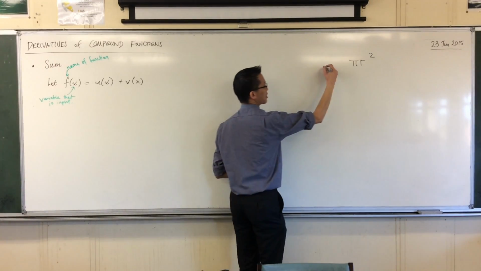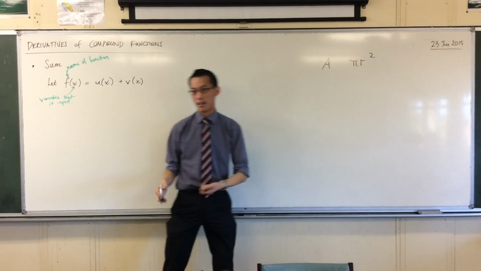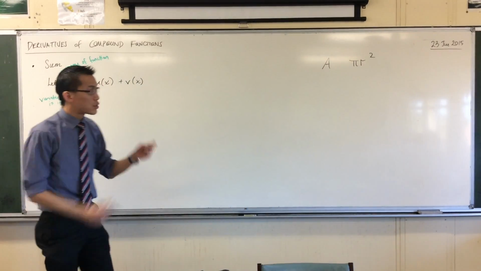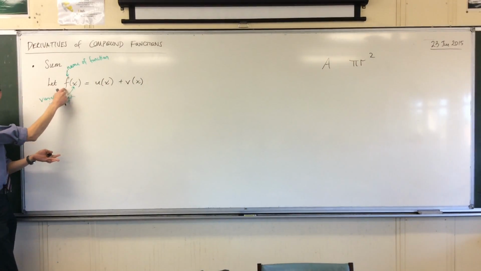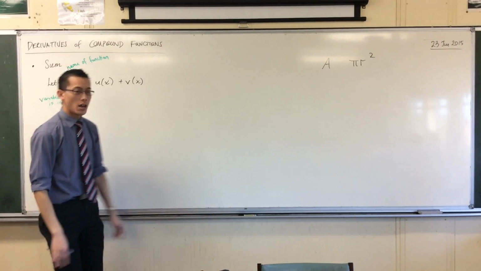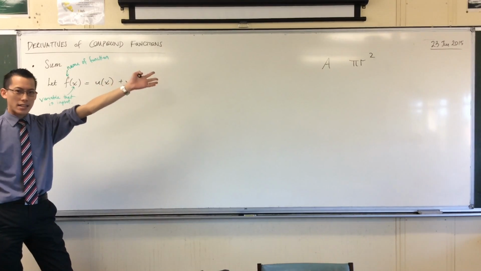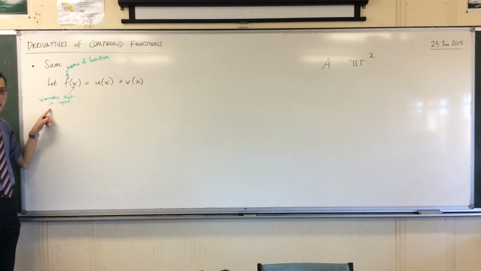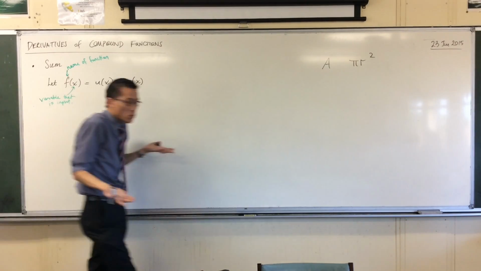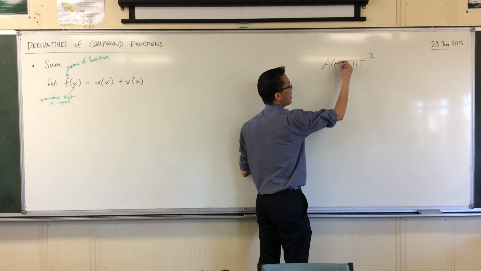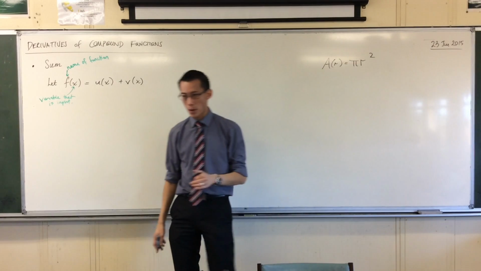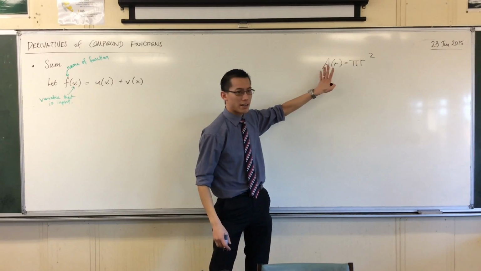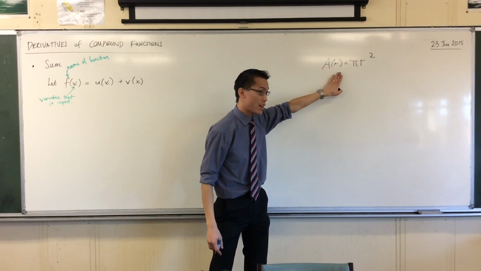Usually it's unambiguous that we're talking about a circle, so you'd say A for area. So A is the name of the function, capital A for area. Not an x to be seen. What's the variable that's input into this? It's the radius. So you would say A of r equals pi r squared.